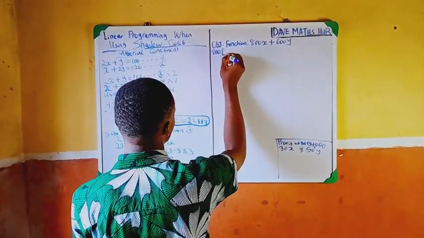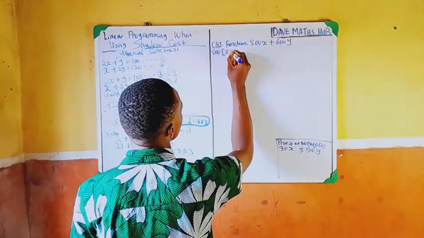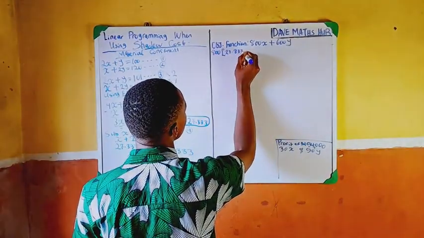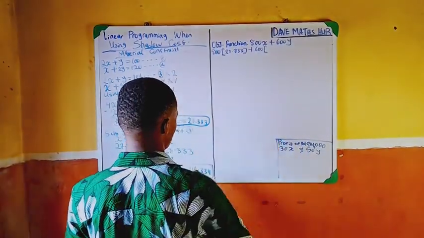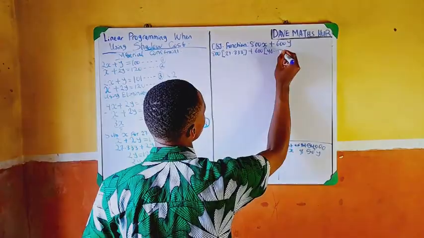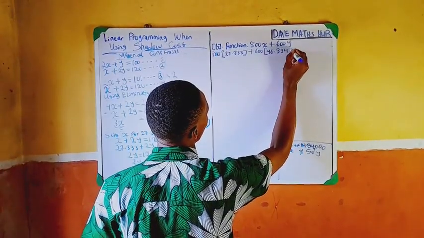Now, 800, open bracket, 27.333, plus 600, open bracket, 46.332.